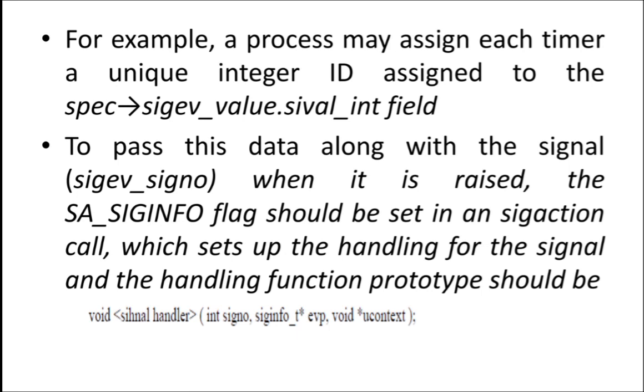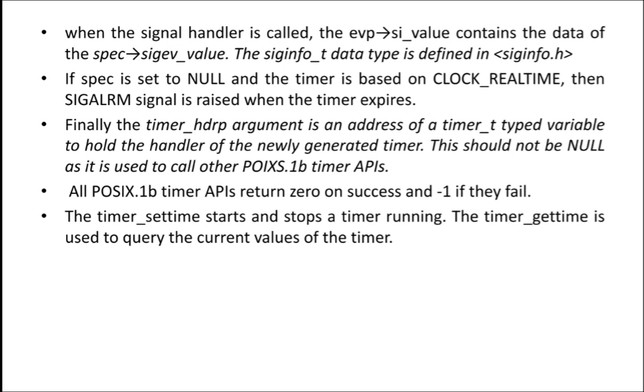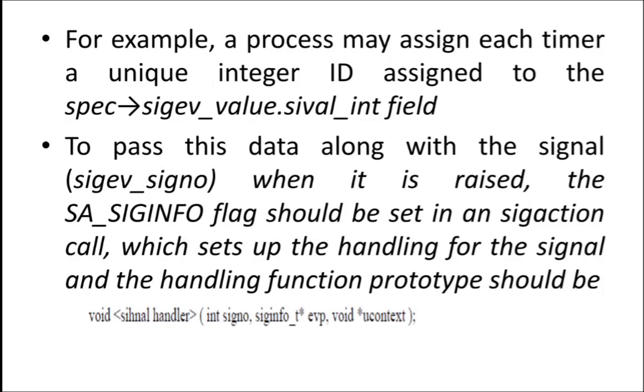You can see there that for every signal there should be a handling function, right? The signal handler function contains siginfo, and also ucontext. For example, when the signal handler is called, the si_value contains the data of the sigev_value. The siginfo data type is defined in siginfo.h. I don't want to confuse you guys. The siginfo field contains the particular integer ID data.